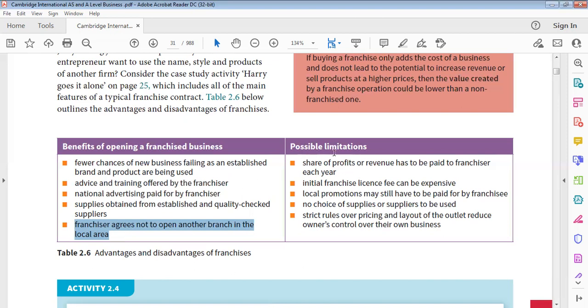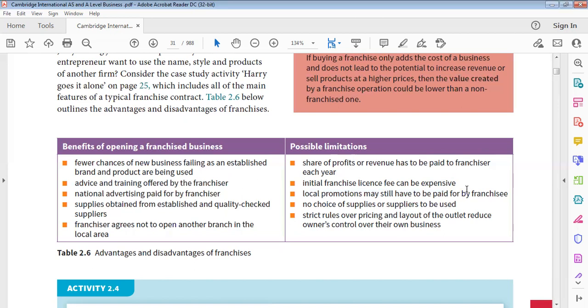Now let's consider some limitations. What could be some problems? Share of profit is given. Actually, a large part of your profit will be taken away by the original McDonald's. So that is a bad thing. By how much, sir? It really depends. In some cases, the royalty fee could be even 60%.